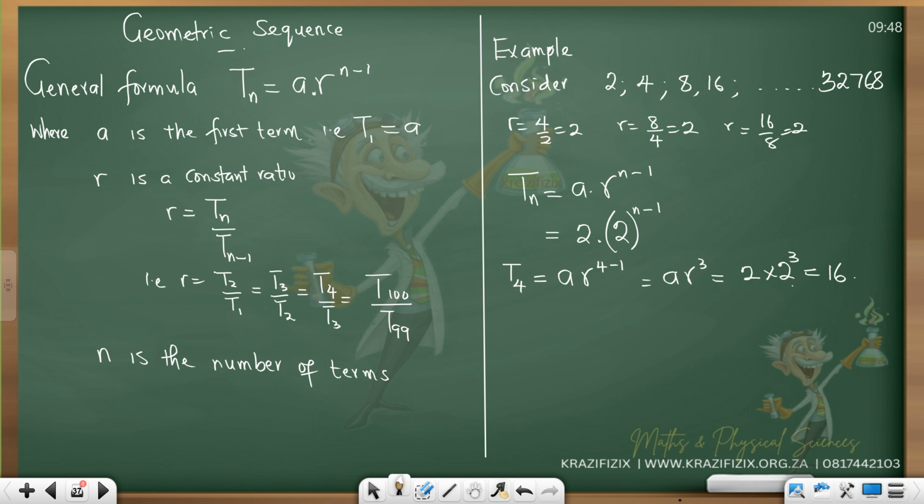So here quickly, please, let me just quickly do something. You must know that T1 is A, T2 is AR, T3 is AR squared, T4 is AR to the power 3. So it's always one less. T99 is AR to the power 98, and T500 is AR to the power 499.